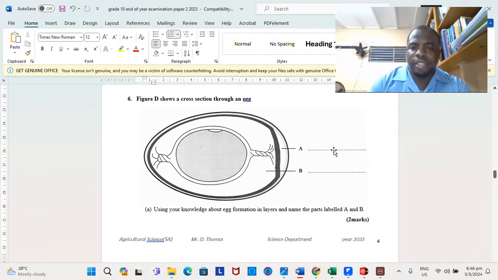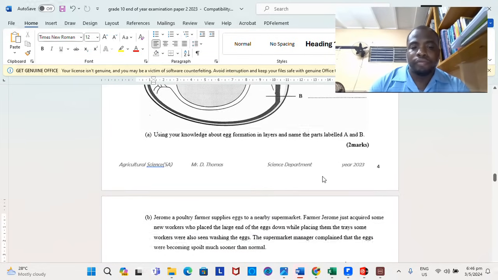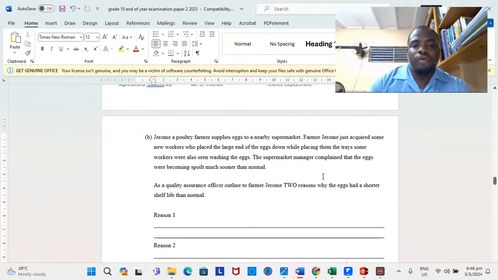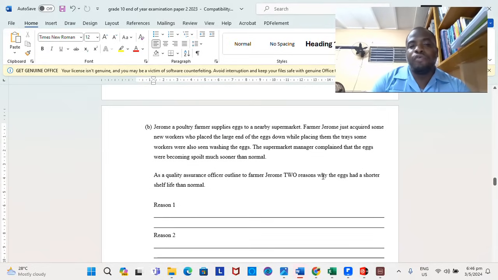The air sac helps with the exchange of gases. The albumen provides nutrients to the developing embryo. Part B says, Jerome, a poultry farmer, supplies eggs to a nearby supermarket.